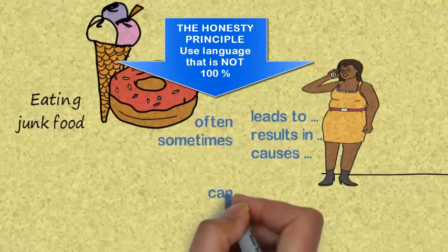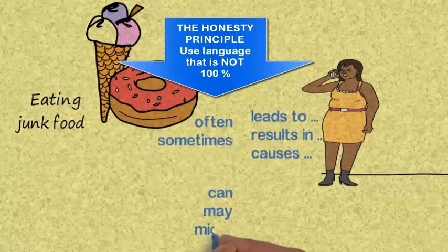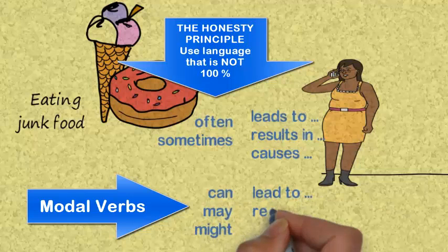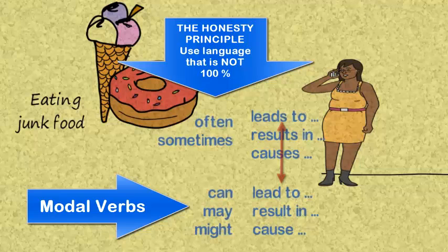Another way we can do a very similar thing is by using modal verbs before the main verb. So note what happens to the main verbs there. The leads to changes form to lead to, or result in, or cause. And especially in terms of speaking, for Vietnamese speakers, for example, they have trouble with the S sound on the end.